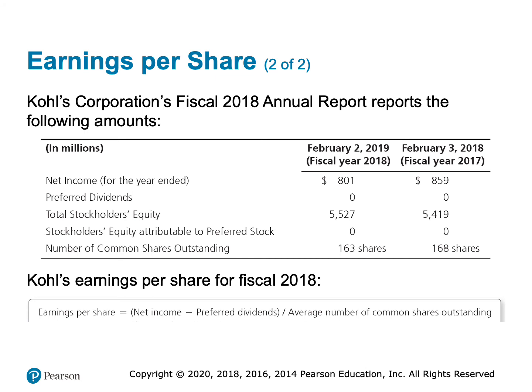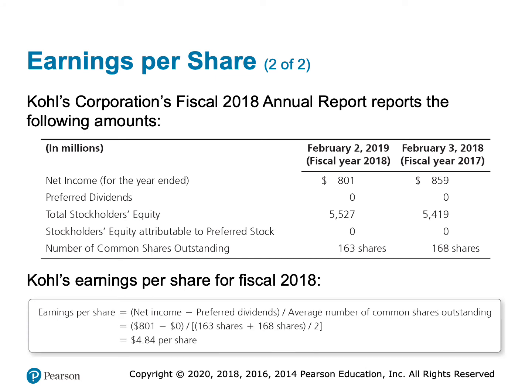In the example of Kohl's, they did not pay any preferred dividends. The average shares outstanding is last year's shares plus this year's shares divided by 2. So their earnings per share was $4.84.